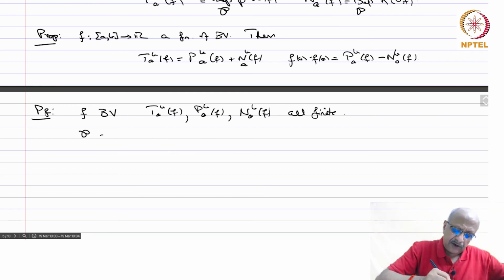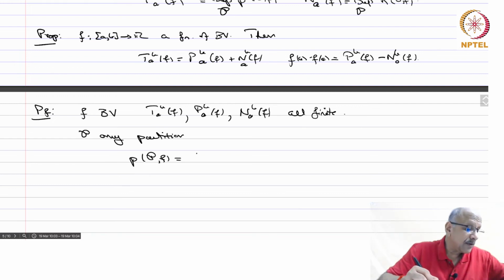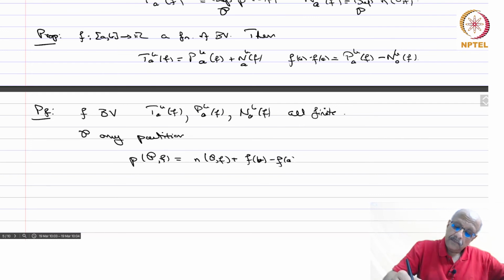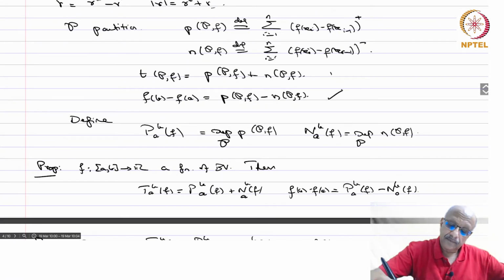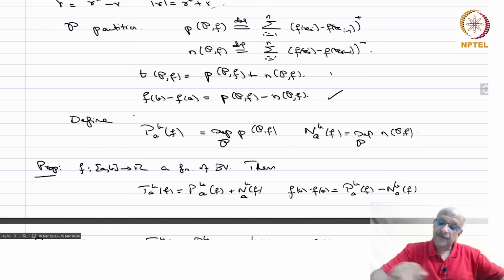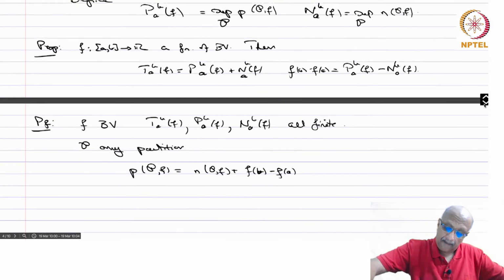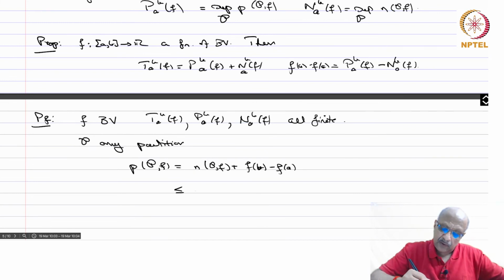So for any partition P, you have P(P,f) equals N(P,f) plus f(b) - f(a). We are just using this relationship, just taking N(P,f) to the other side. Now this is less than or equal to N_a^b(f) plus f(b) - f(a).